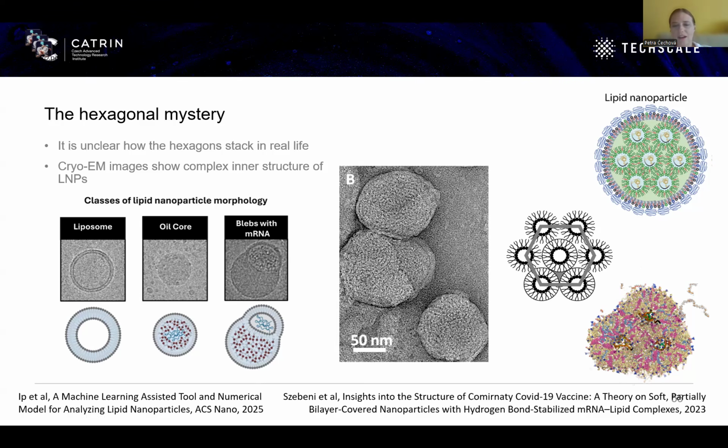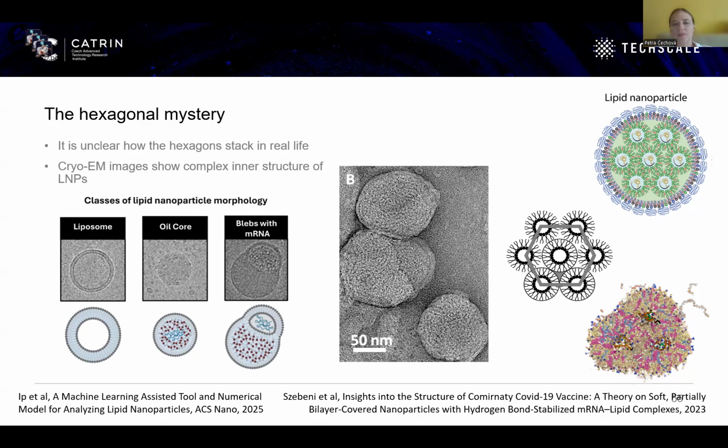And one thing that has been discussed recently is that the lipid nanoparticle is not actually homogeneous in its structure, but that there are different layers that can have different microenvironments as you go from the inside to the outside.